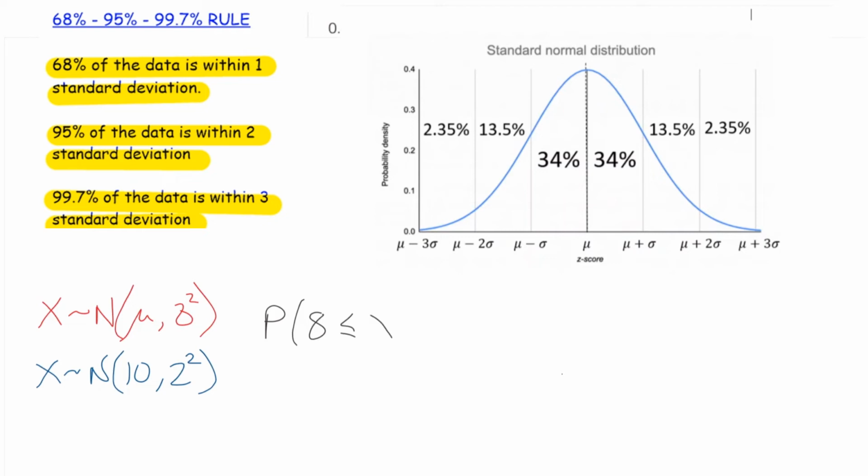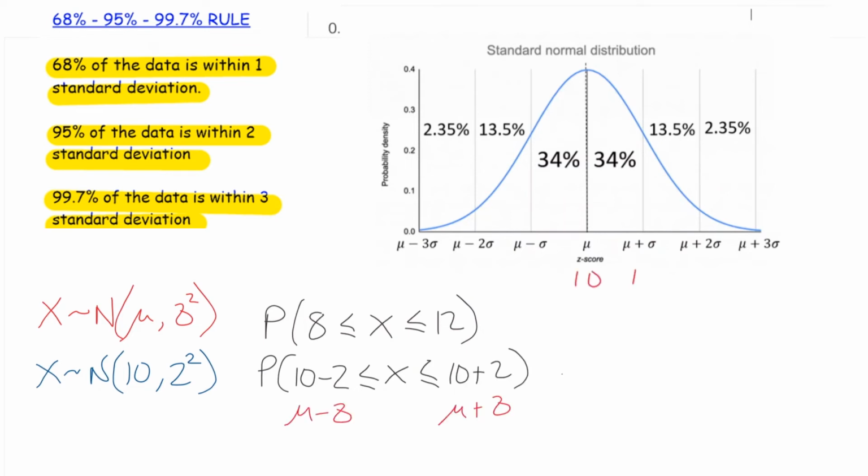Okay, let's see if we can ask some slightly different questions. What if I wanted to know the probability that X was in between 8 and 12? Well, 8 is one standard deviation smaller than my mean. If you like, I can write it out like this. And once again, we should recognize that since this is the mean plus and minus one standard deviation, I'm looking at this area here, this region, which is the 68%.